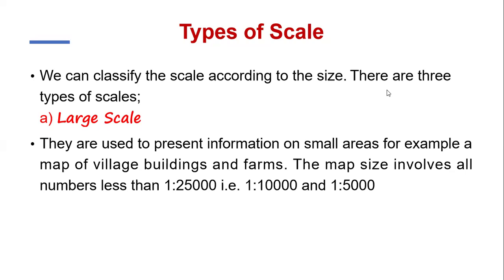This means we're talking about 1:10,000 and 1:5,000. Here are examples of these large scales, meaning they represent the information of small areas on a map, such as a village, buildings, or farms.